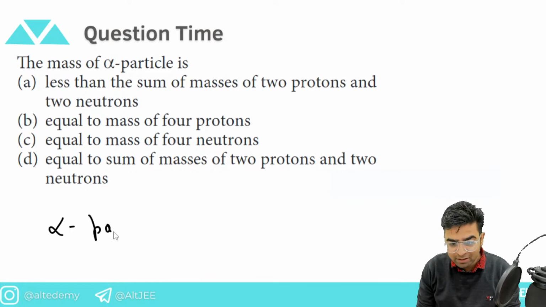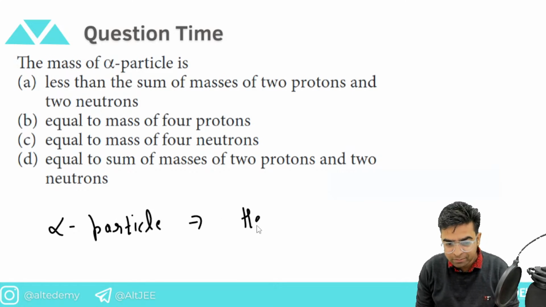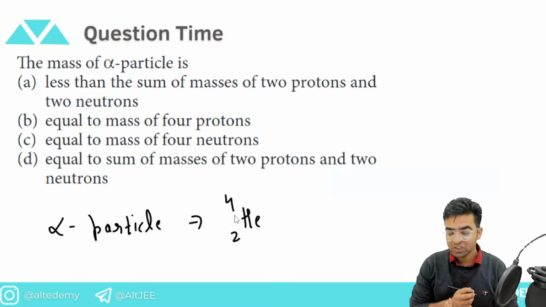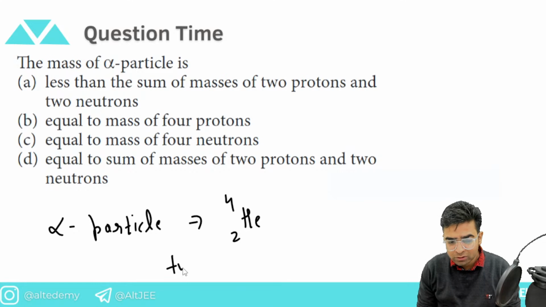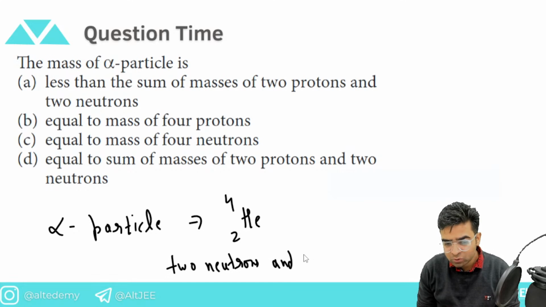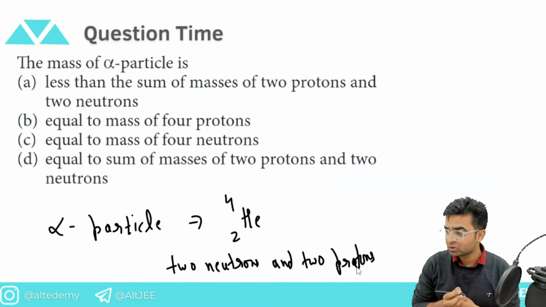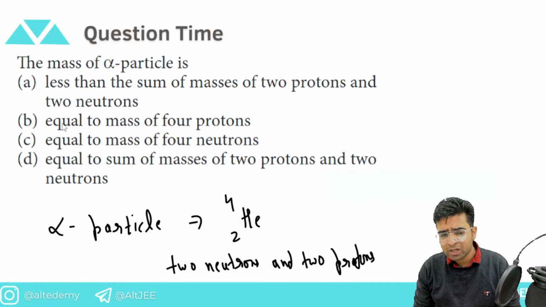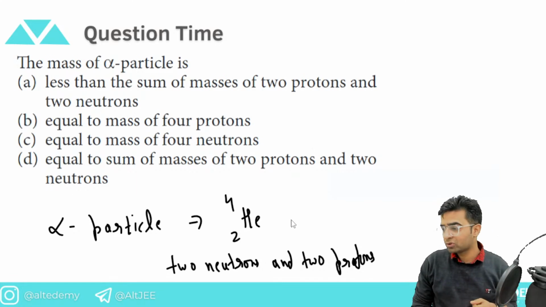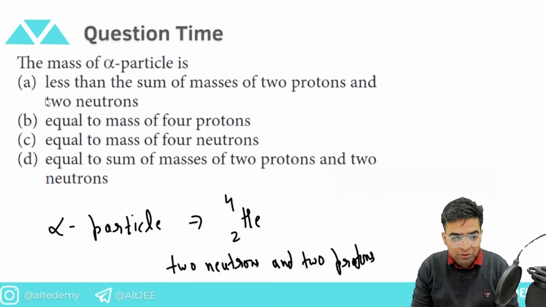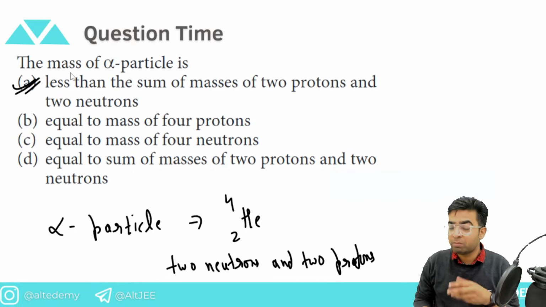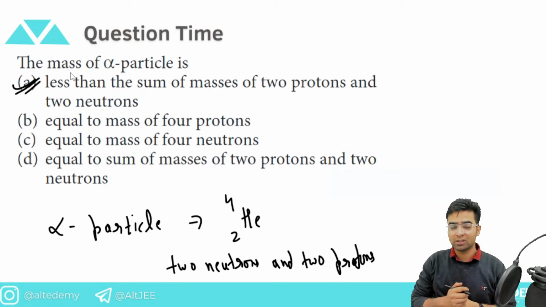Let's first write it: He 2 4. It has two neutrons and two protons. What will be the answer? Yes, answer A, less than the sum of masses of 2 protons and 2 neutrons.